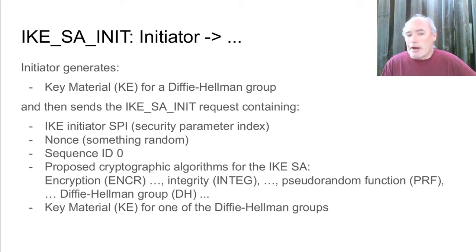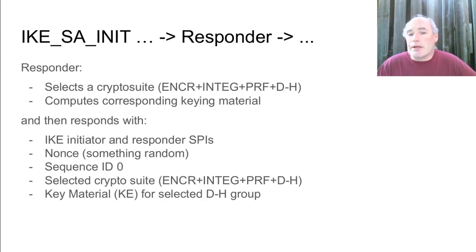Proposed cryptographic algorithms for the IKE SA, it's a list: what encryption, what the integrity will be, how you're going to do key expansion using a pseudo-random function, and the Diffie-Hellman group you're going to use. And finally, there's the keying material generated earlier. So off it goes. Then the responder gets this in, takes a look at it, looks at these suggested cryptographic suites and picks one from the big long list.